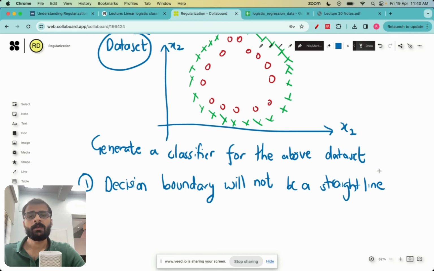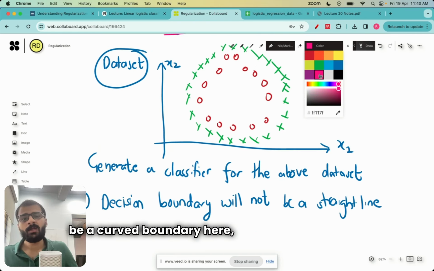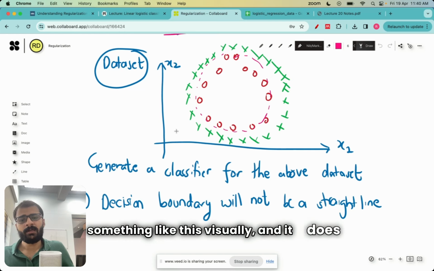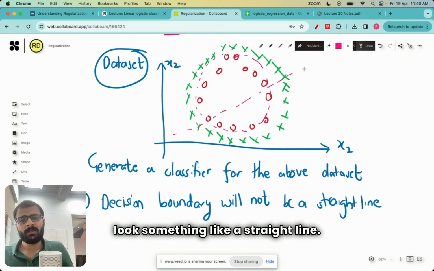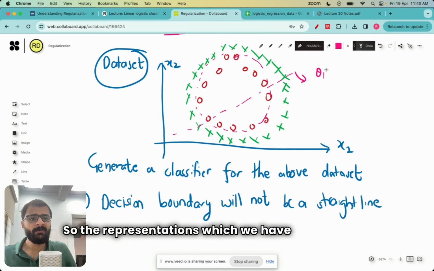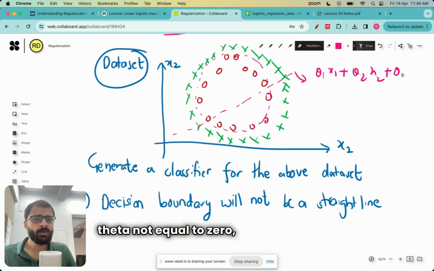It looks like the decision boundary has to be a curved boundary here, which probably looks something like this visually. And it does not look something like a straight line. So the representation which we had earlier, theta 1 x1 plus theta 2 x2 plus theta not equal to 0, won't work here.